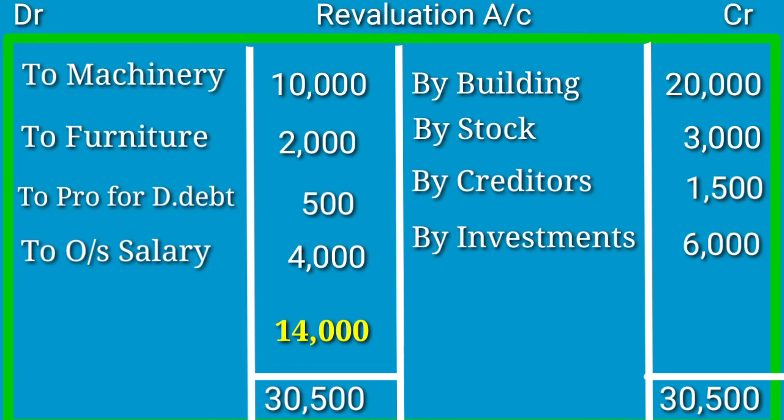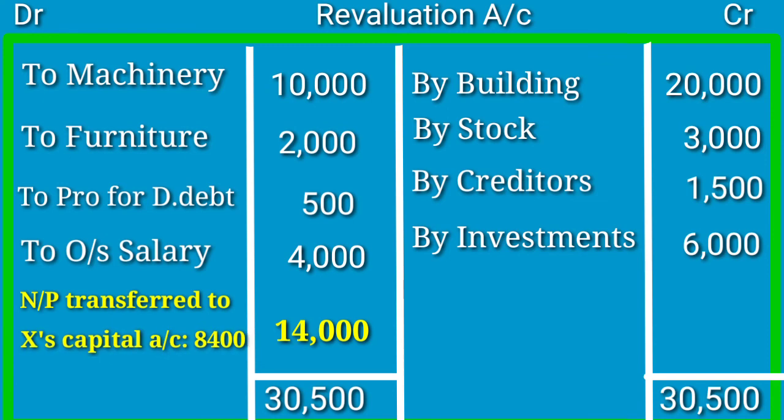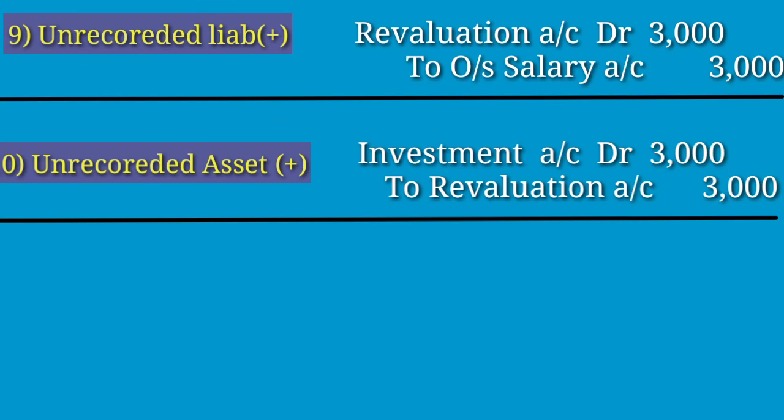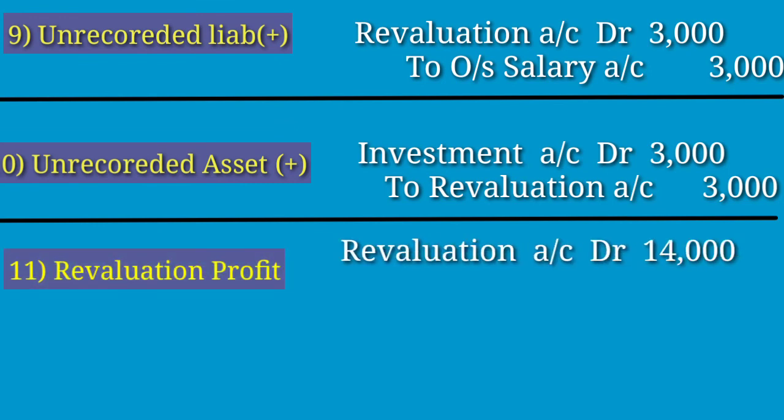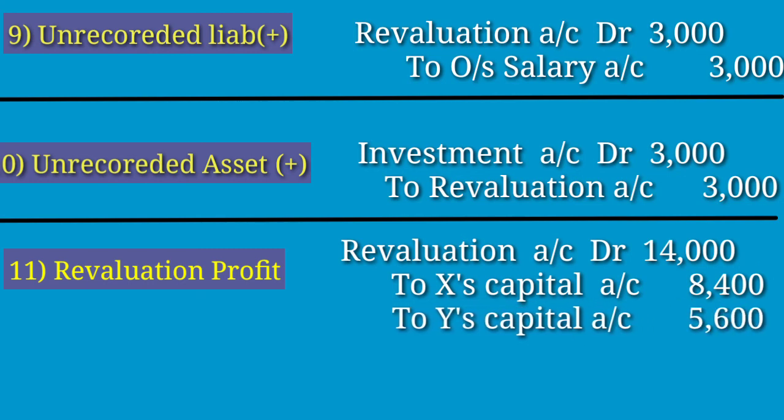Okay, this 14,000 we distribute to the old partners, so we write here, net profit transferred to X's capital account 8,400, to Y's capital account 5,600. Now we need to make the journal entry for this net profit. The journal entry is revaluation account debtor to X's capital account rupees 8,400, to Y's capital account 5,600.